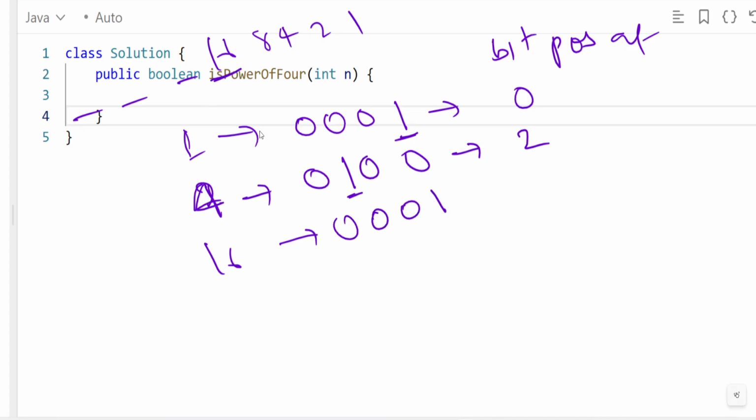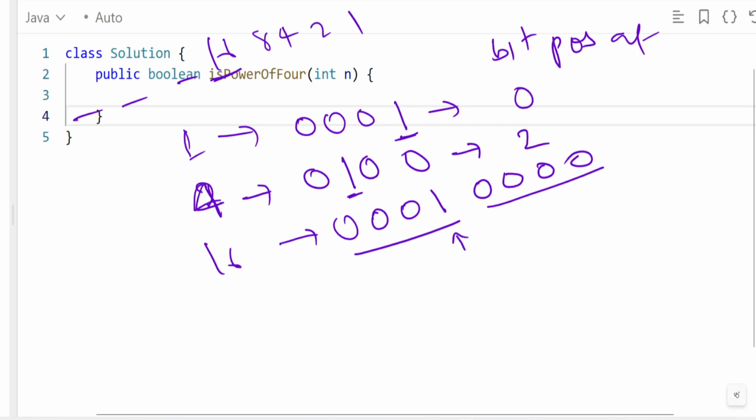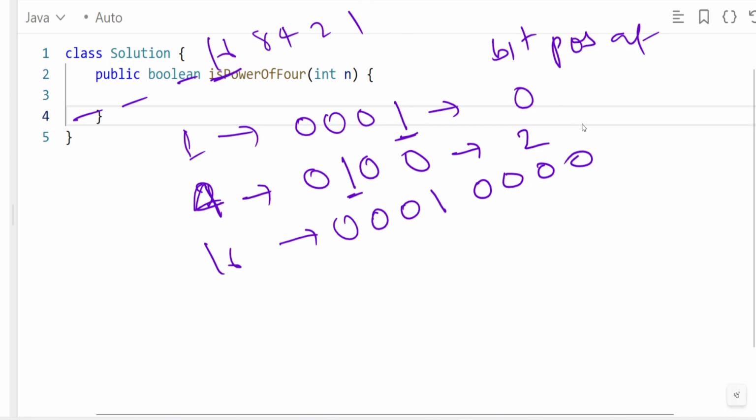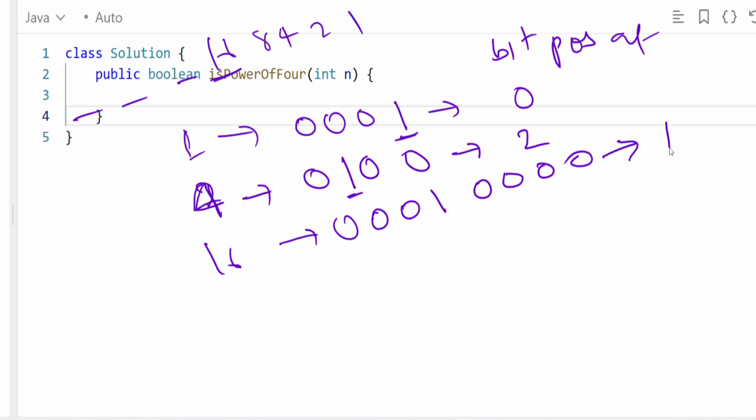This is for 1, and the rest of the thing will be 0, so we'll take 0 0 0 0. At this position, this is the fourth position. Here we'll remove these things. What is the bit position here now? Here it is 4.